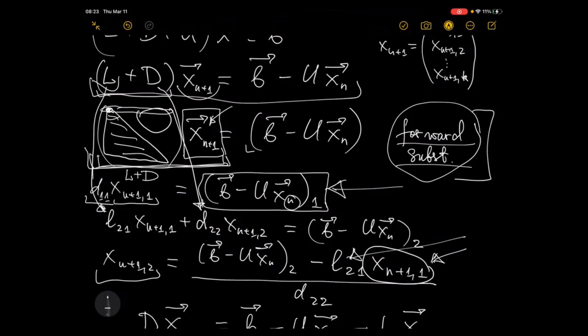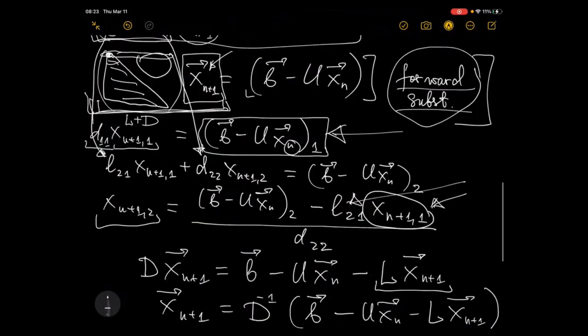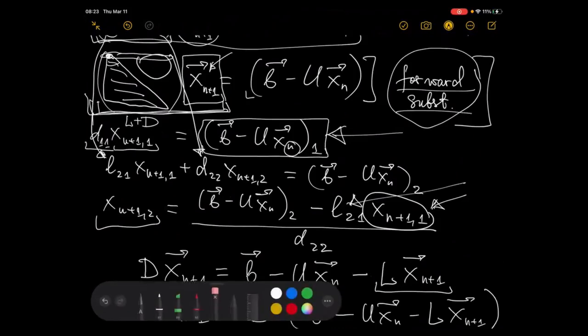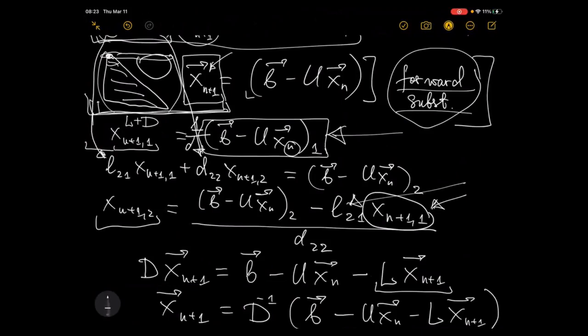Right, yeah, because this is just a vector, which I can compute, because I know my previous approximation x_n. So from here, I can immediately find, just dividing by d11, the first component of the new approximation.